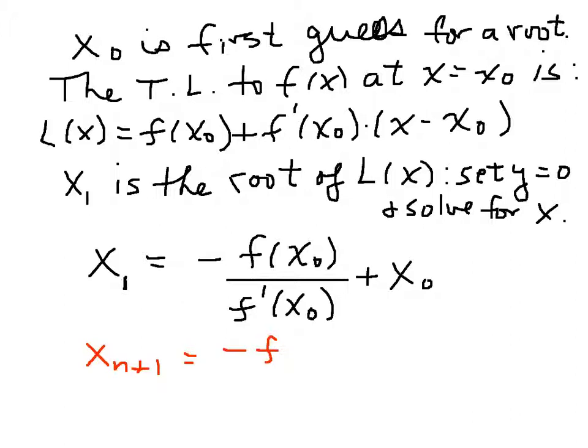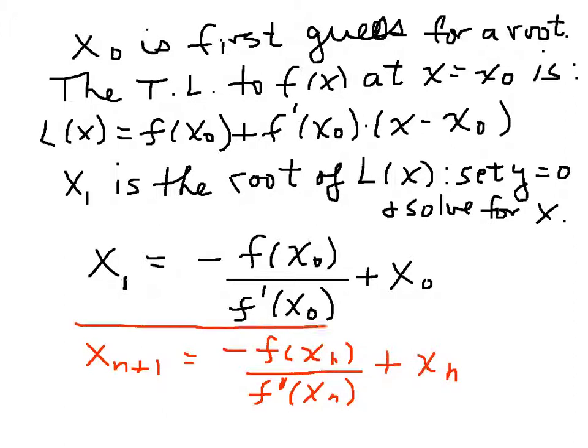So it'll be minus f of x sub n over f prime of x sub n plus x sub n. And that's the general formula that Newton's method will follow. A lot of these applications, this iterative process, can simply be done on your calculator. So now we'll look at an example that illustrates how we use Newton's method.